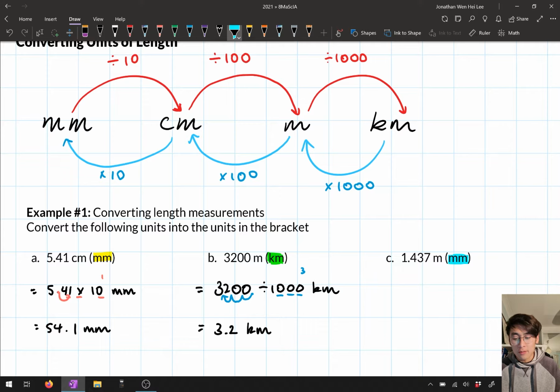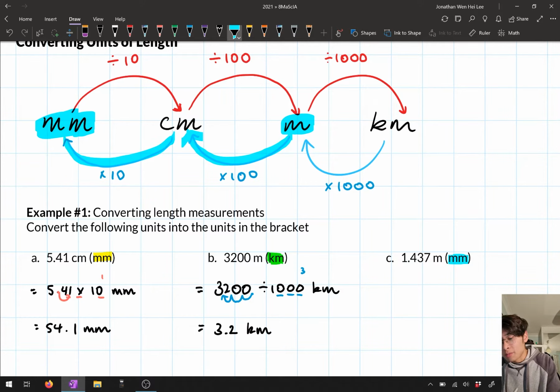Meters is over here, but millimeters is all the way left over here. If we want to go from meters to millimeters, we actually need to do 2 steps. We need to go from meters to centimeters first, and then from centimeters to millimeters.